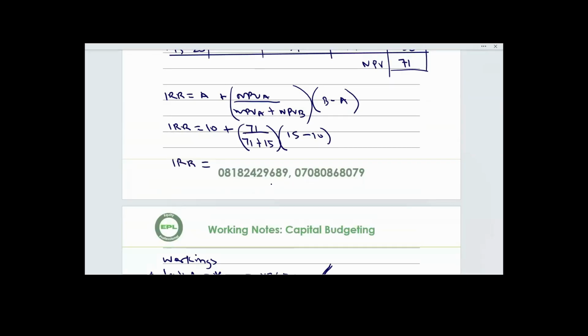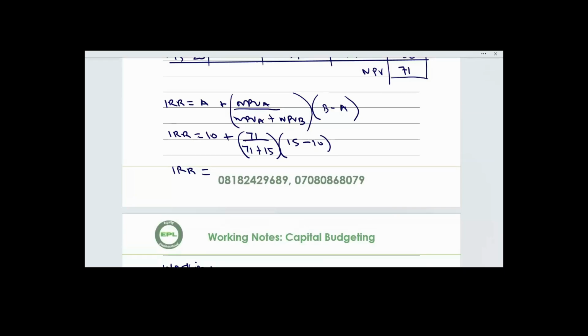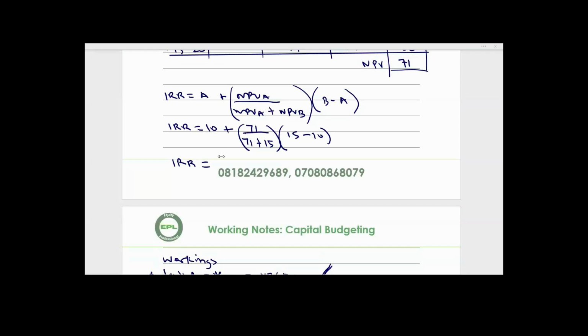So 71 divided by 86, multiplied by difference between 10 and 15, which is 5, plus 10, equal 14.13%.